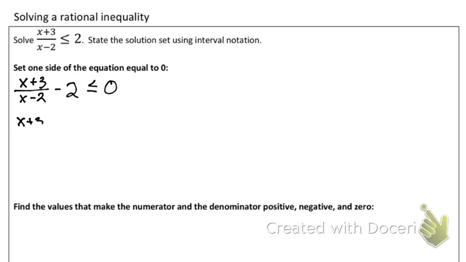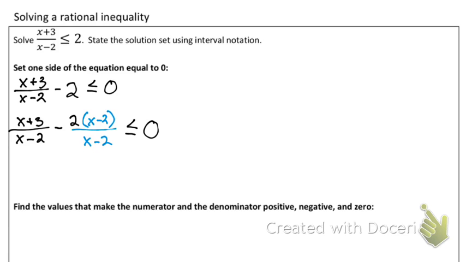We have x plus 3 over x minus 2 minus, I'm going to throw that 2 on top, and let's pick a color that will show up. So I just did x minus 2 over x minus 2. I'm allowed to multiply by 1. I don't care what you say. I'm allowed to do it. And that is going to be less than or equal to 0.